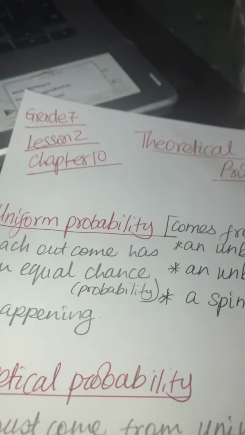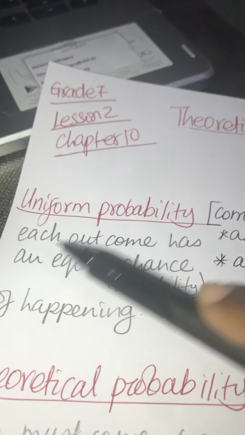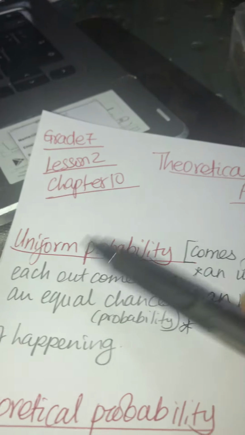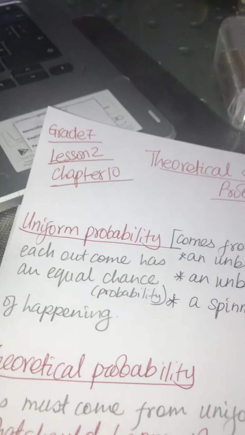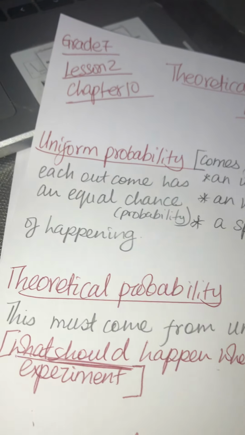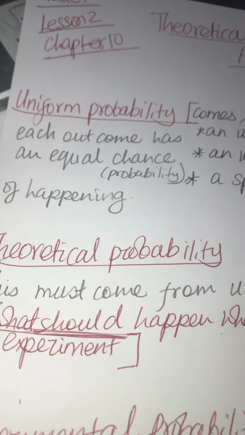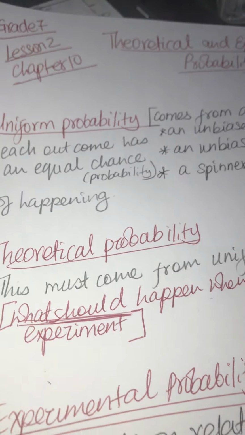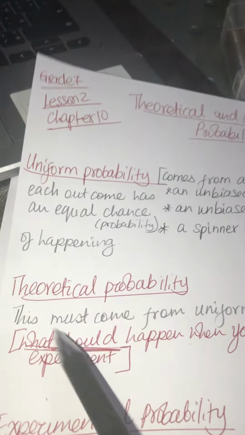Okay, now, so uniform probability, each outcome has an equal chance of happening. So here you have an equal chance of happening because each part is equal. Here you don't have an equal chance of happening because not all the parts are the same size, okay? So that is how you explain uniform probability. Each outcome has an equal chance of happening. Now, theoretical probability comes when you have this.